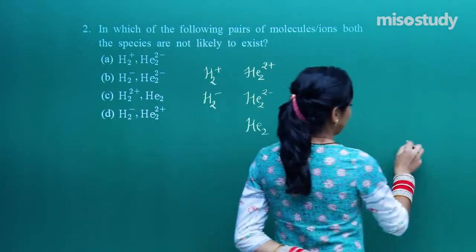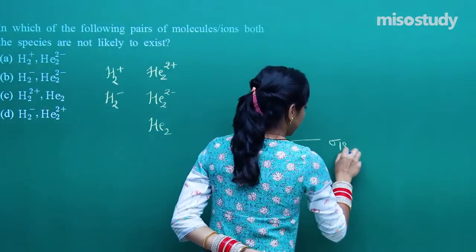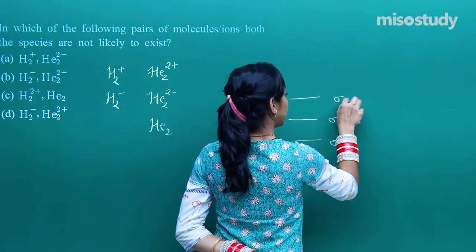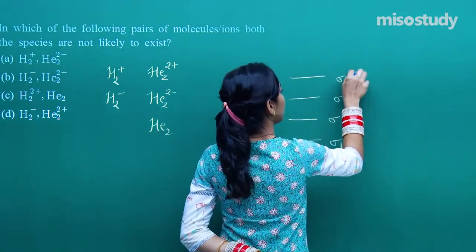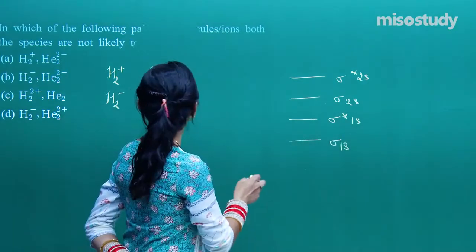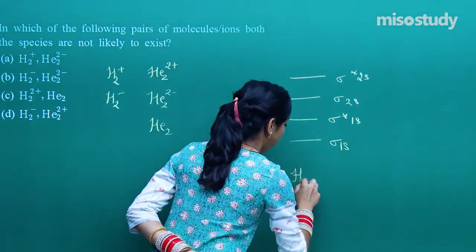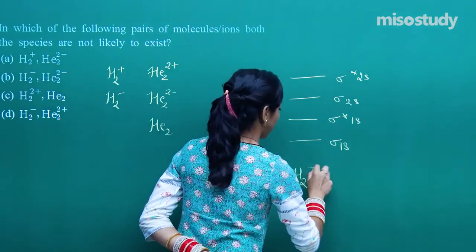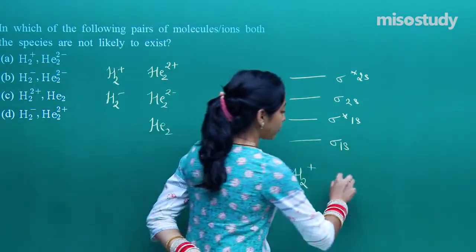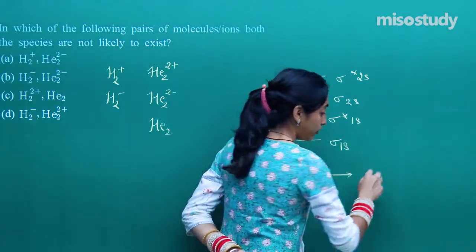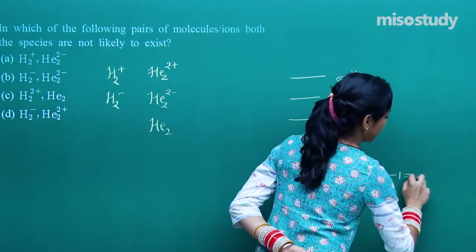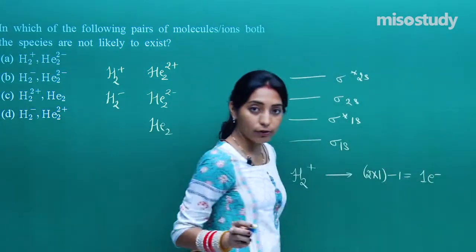Let's first draw the diagram: sigma 1s, sigma star 1s, sigma 2s, sigma star 2s, right? This particular diagram I am drawing for H2 positive. How many electrons will be there? If H2 is a neutral molecule, it will have 2 into 1, but there is 1 positive, so minus 1. Only 1 electron is there.